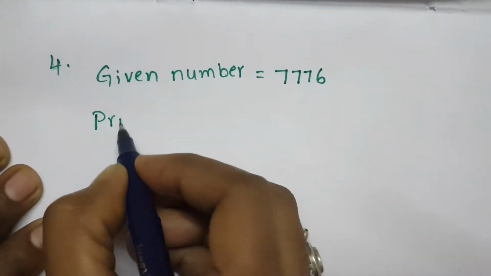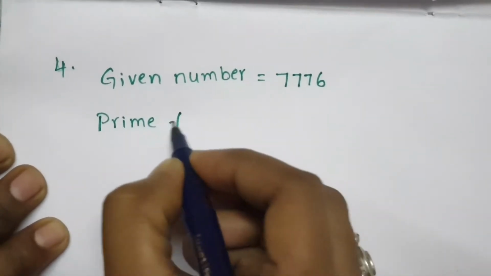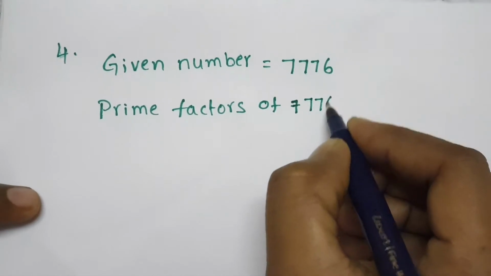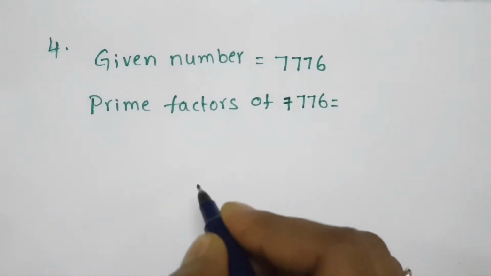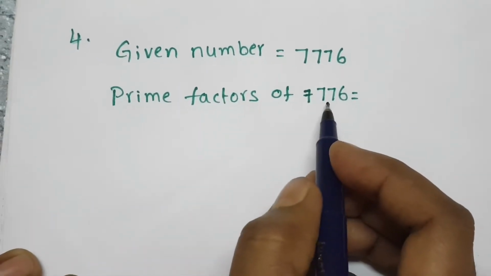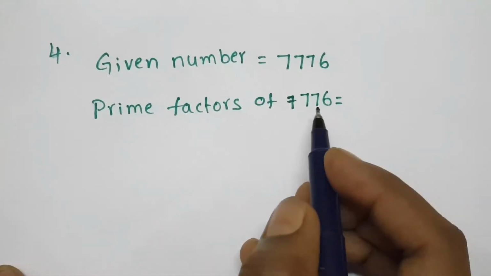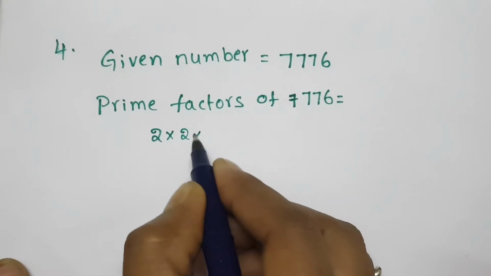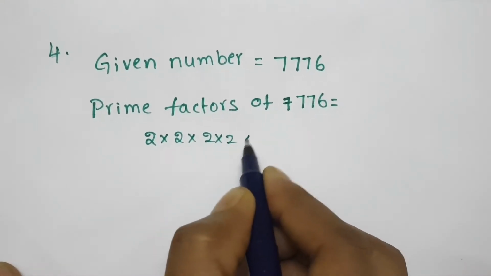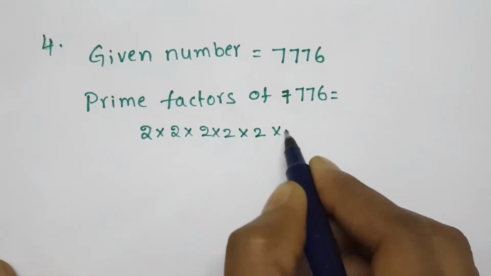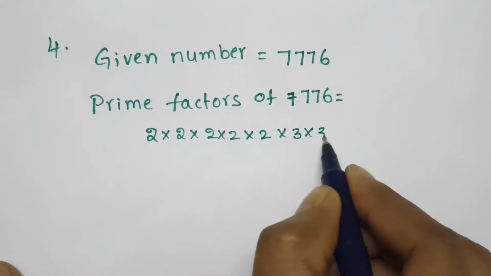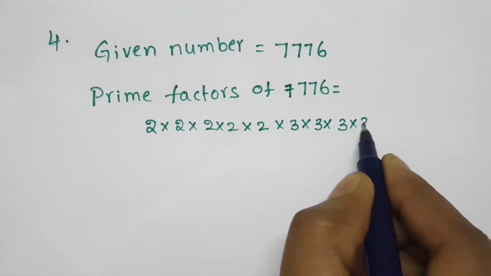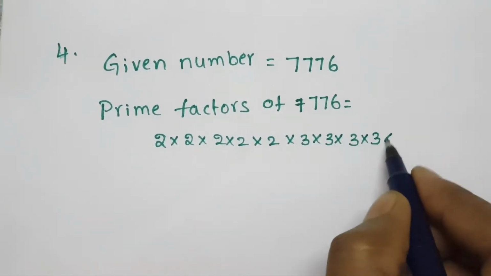Prime factors of 7,776, do LCM in that 7,776. In that LCM, use all primes. Now 2 into 2 into 2 into 2 into 2 into 3 into 3 into 3 into 3 into 3.